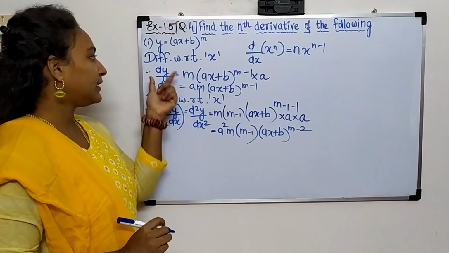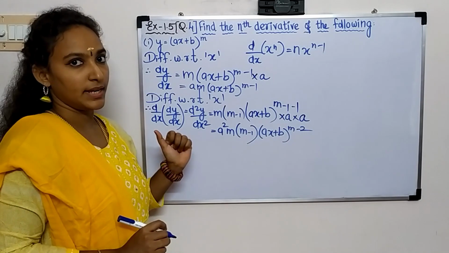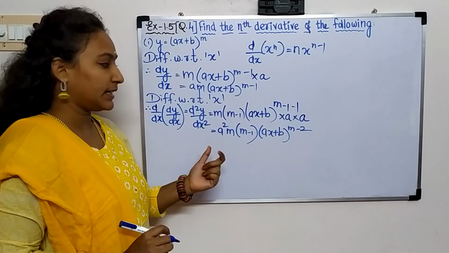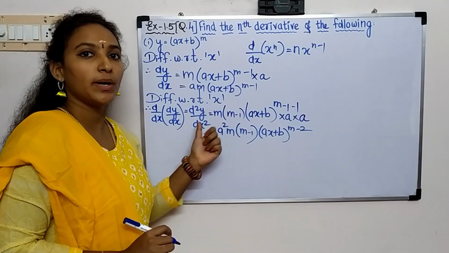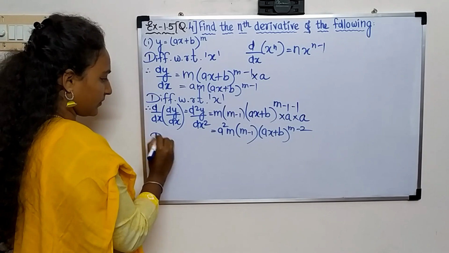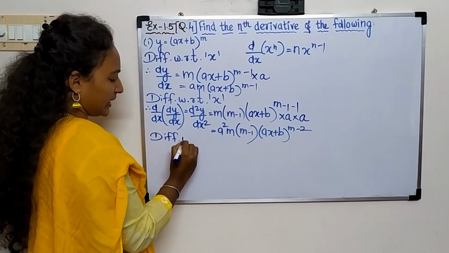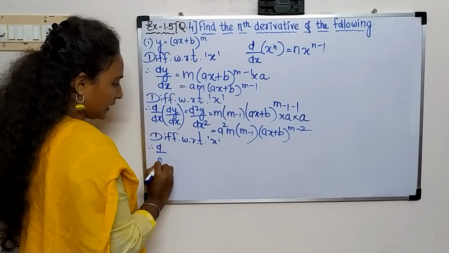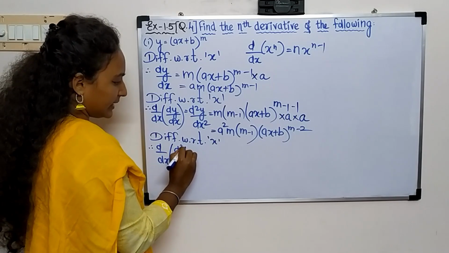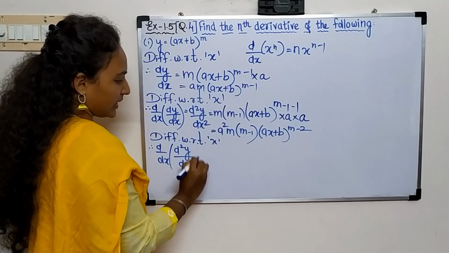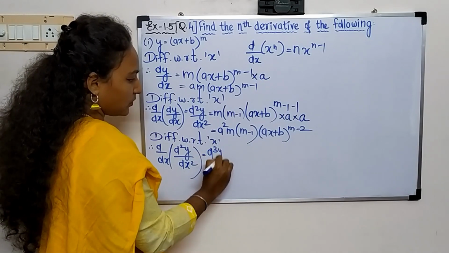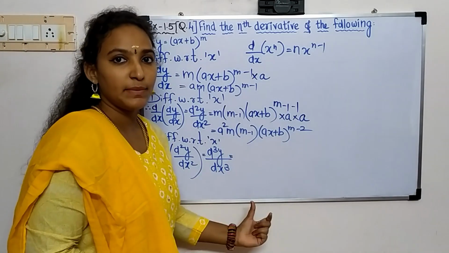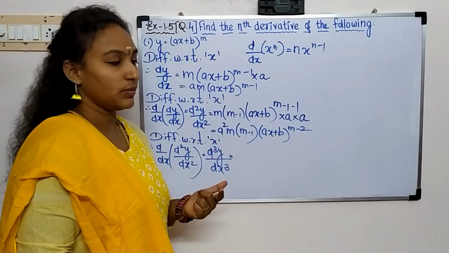So now we have calculated dy by dx and d square y upon dx square. Now we have to find d cube y upon dx cube. That is, we have to differentiate d square y upon dx square again. Differentiate with respect to x. Therefore, d by dx of d square y upon dx square is equal to d cube y upon dx cube. In the similar way, we have to find the derivative again.